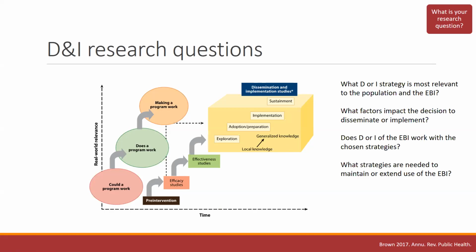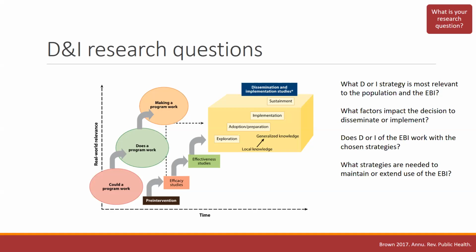Some of the research questions that we would think about within a D&I setting are perhaps, what is the most relevant strategy to a population or that fits with a certain evidence-based intervention, or EBI? Thinking about the different factors that impede or support the implementation of an evidence-based intervention or policy and how you can operate within the context of those.